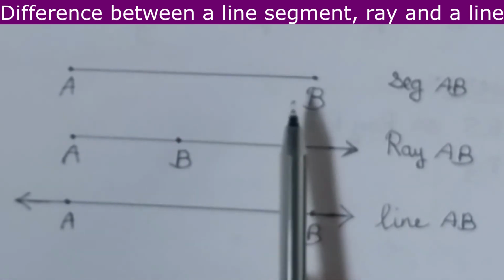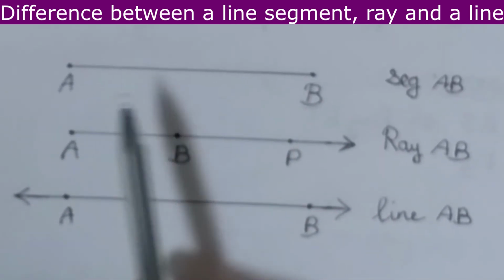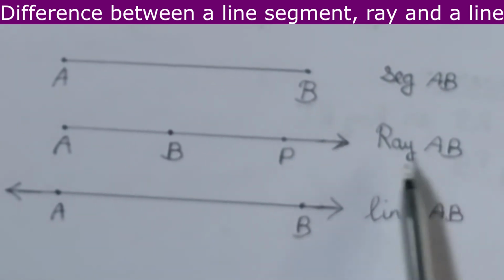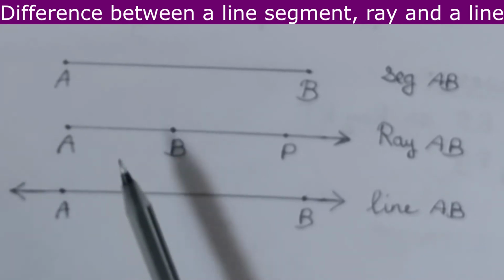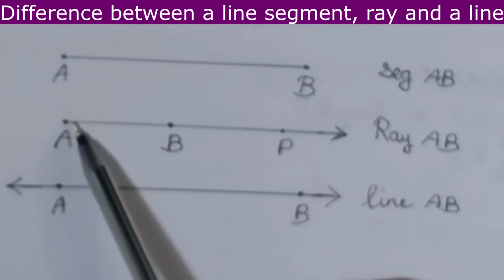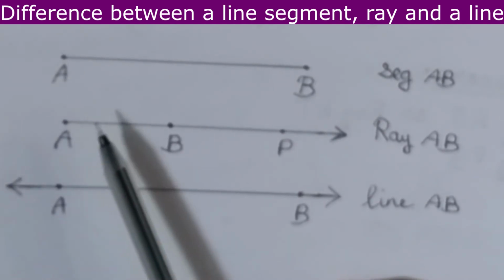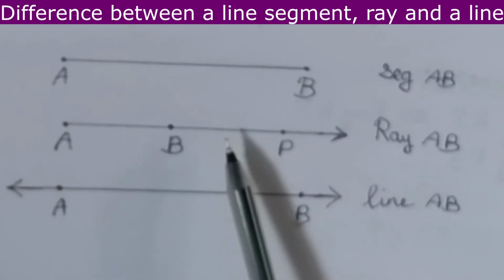It includes all the points between these two endpoints and also the endpoints. Okay. Now, next, ray AB. A ray will have an endpoint on one side and it will go on extending on the other side. One side it has a fixed endpoint and it will go on extending on the other side. That is a ray. Okay.